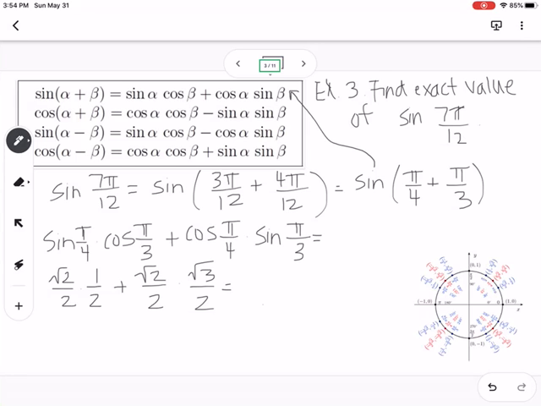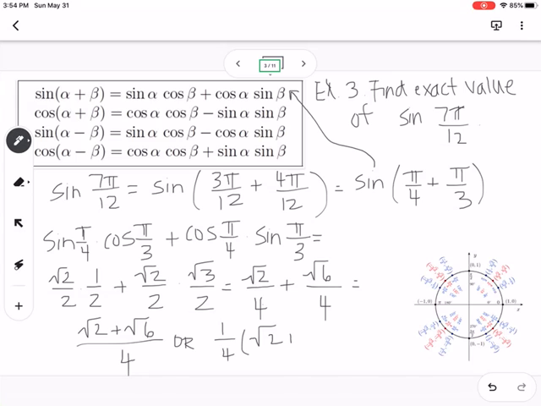Okay, and again, to simplify, we're going to get radical 2 over 4 plus radical 6 over 4. And simplify one more time. So radical 2 plus radical 6, just make it one fraction. Or 1/4 times radical 2 plus radical 6. All very similar answers. Different formulas though.